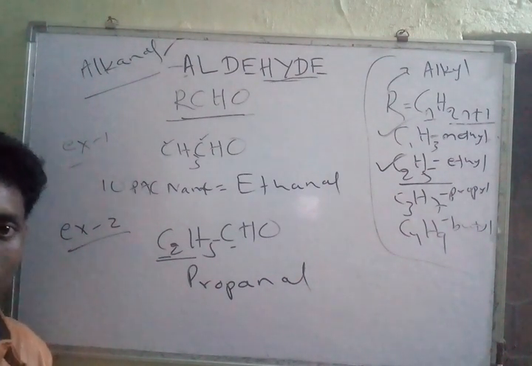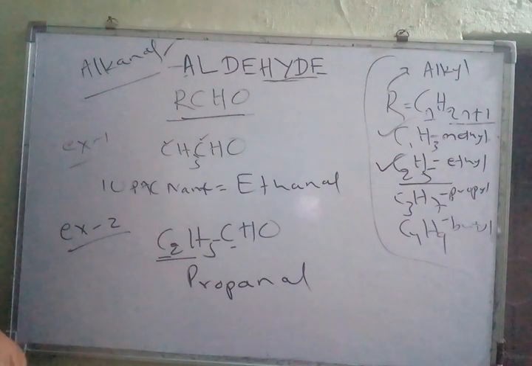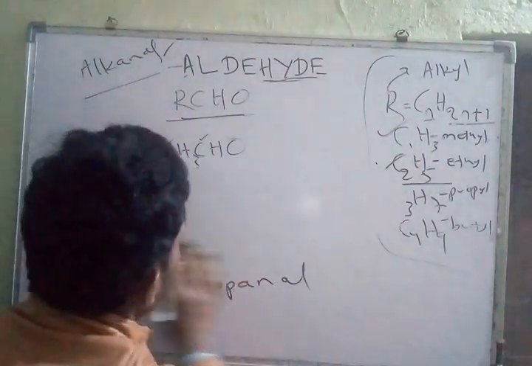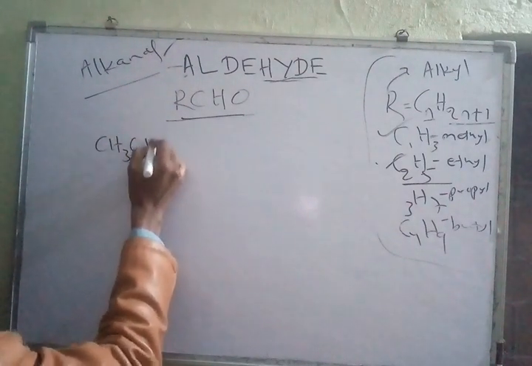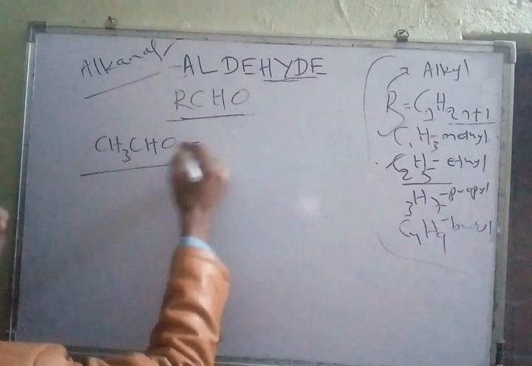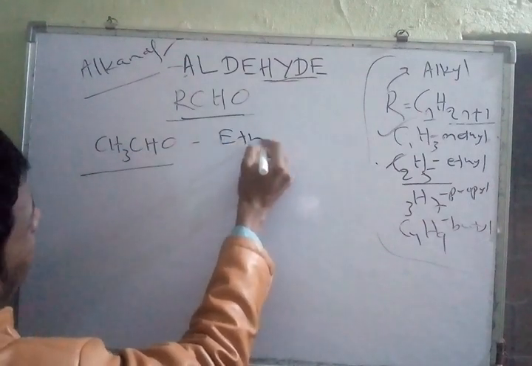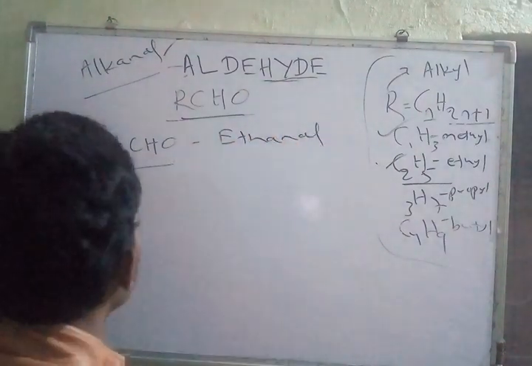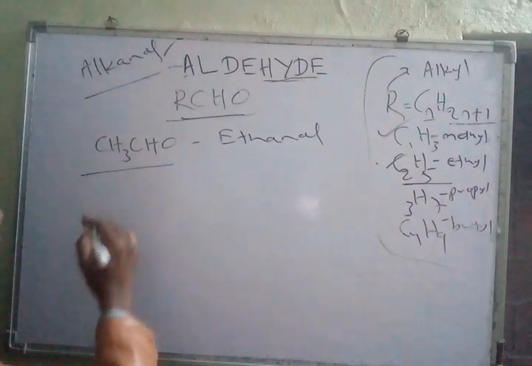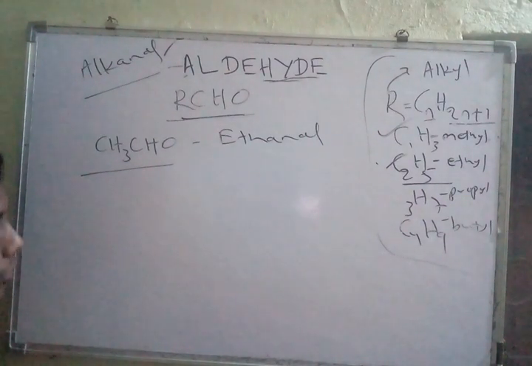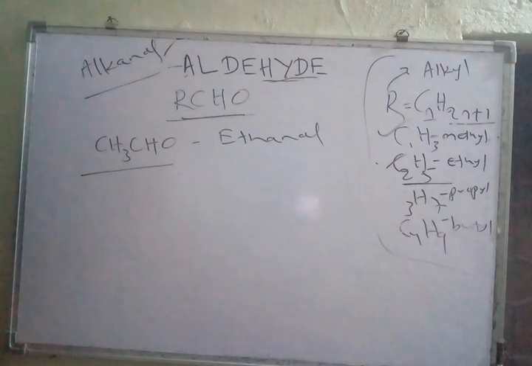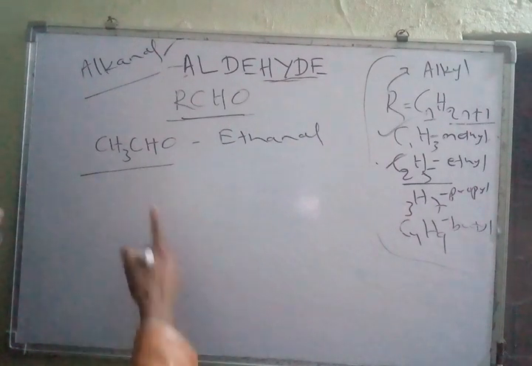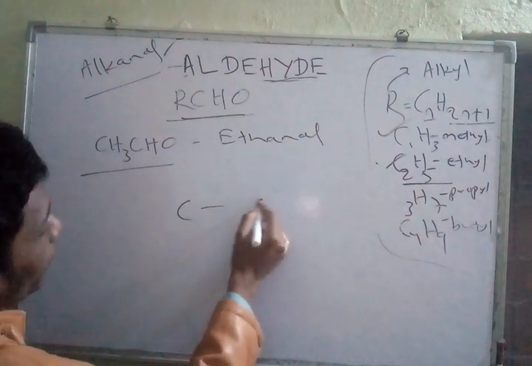Next, let us discuss the structure. As you know, CH3CHO has two carbons and is ethanal. How to write the structure? First of all, you have to put the carbon atoms in a chain. There are two carbon atoms, so put two carbons like this.